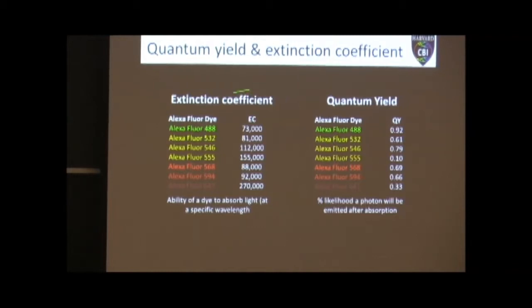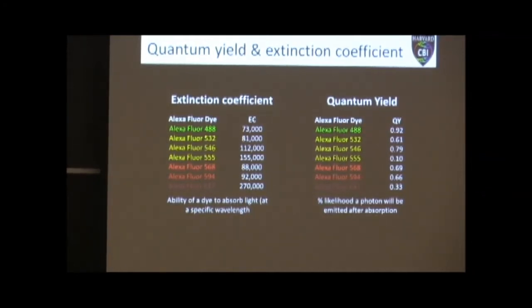So quantum yield and extinction coefficient. These are some numbers that we attach on top. Okay? So extinction coefficient is essentially the ability of a dye to absorb light. So what's the probability that when a photon comes into a dye that it's actually going to interact with that electron shell and be absorbed, right? These are usually just a whole bunch of big numbers.